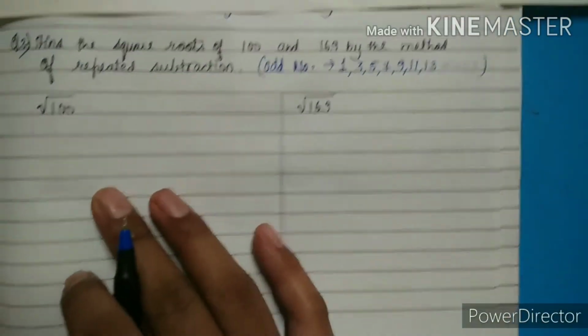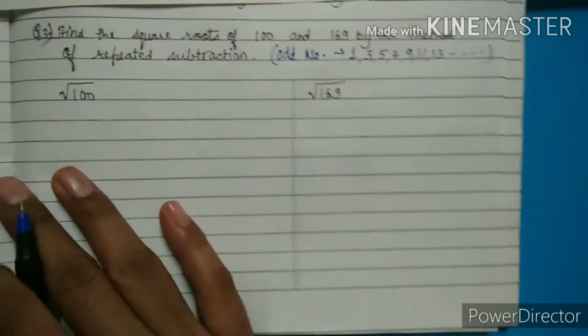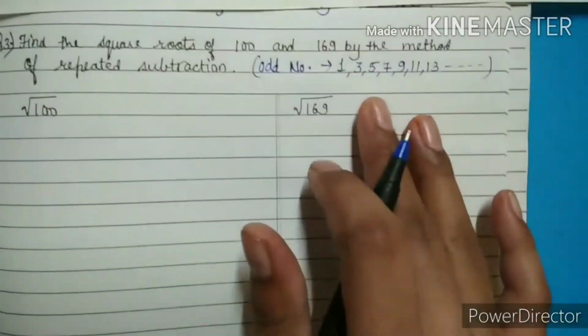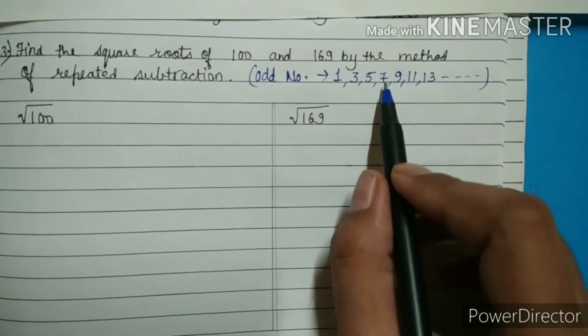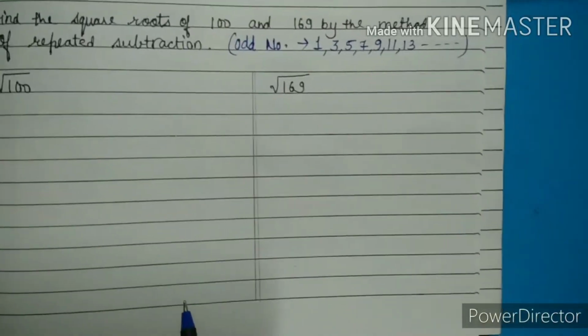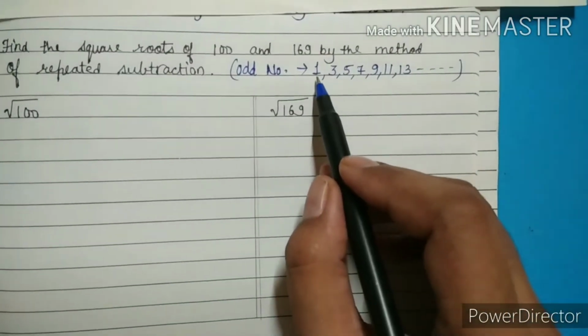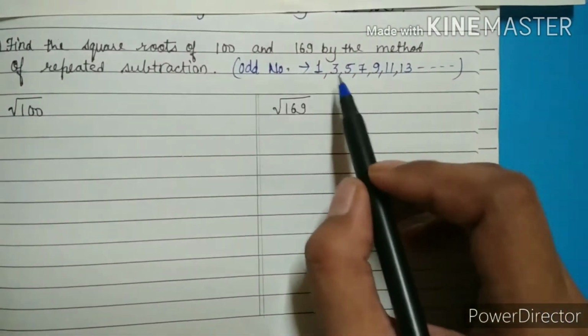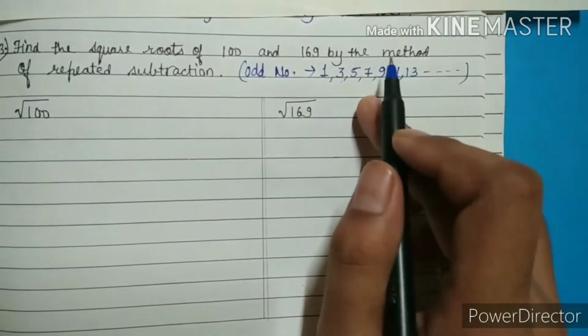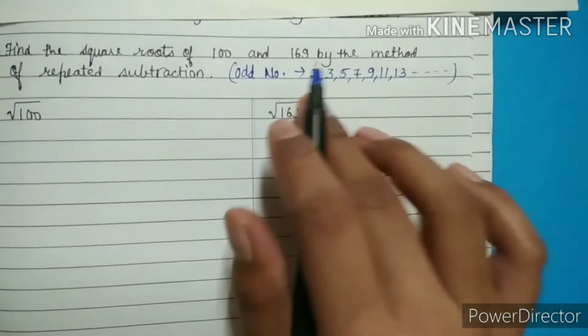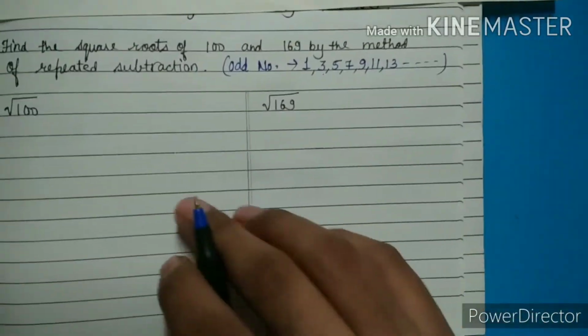Keep one thing in mind: we have to subtract odd numbers without leaving any odd number out of the series. We can't subtract 1, 3 and then leave 5 and go to 7.